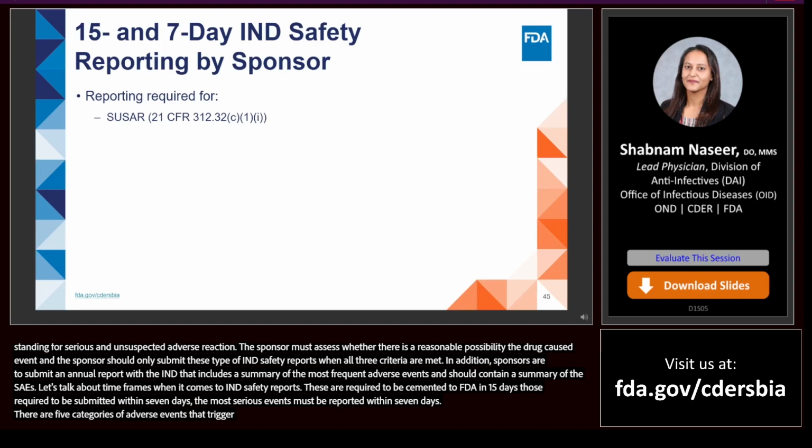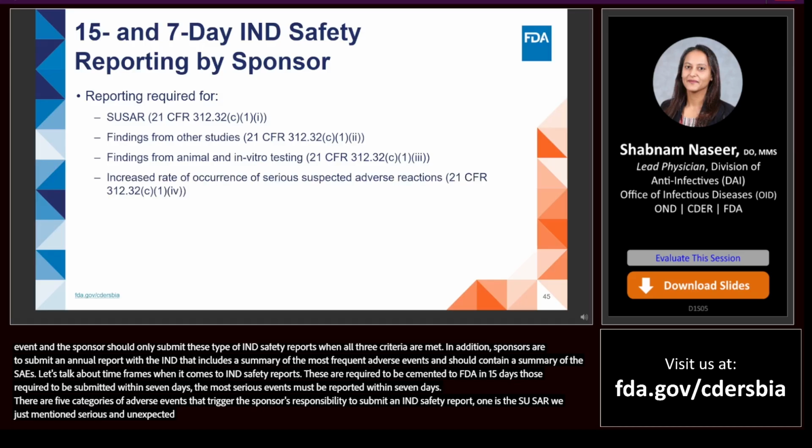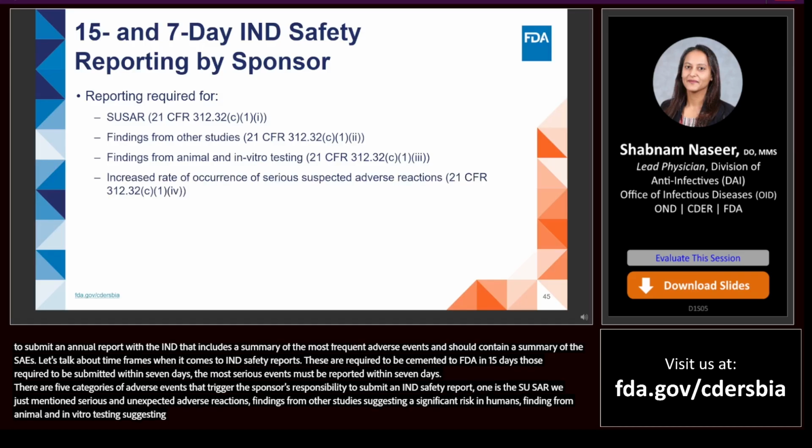One is the SUSAR that we just mentioned, serious and unexpected suspected adverse reactions. Findings from other studies suggesting a significant risk in humans. Findings from animal and in vitro testing suggesting a significant risk in humans. An increased rate of occurrence of serious suspected adverse reactions, and serious adverse events from bioavailability and bioequivalence studies not under IND.